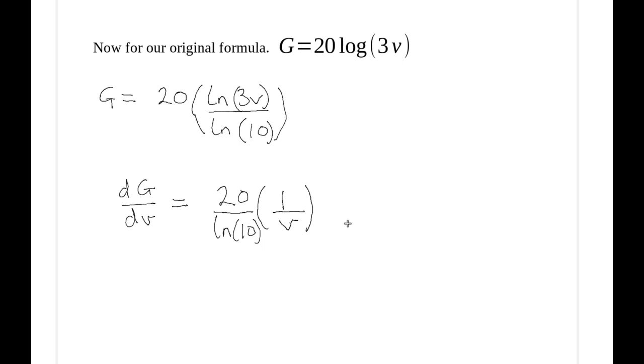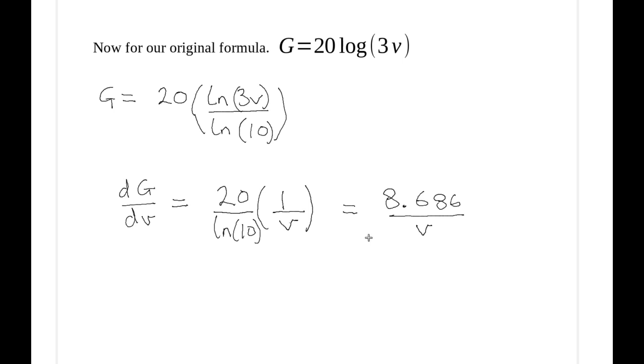So if I do the number crunching, 20 divided by log 10, I end up with 8.686 divided by v. And there you go, that's the solution.